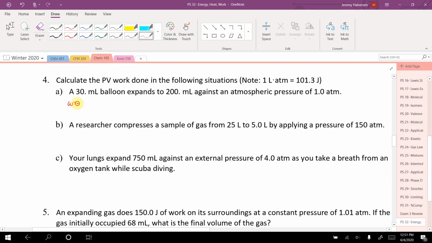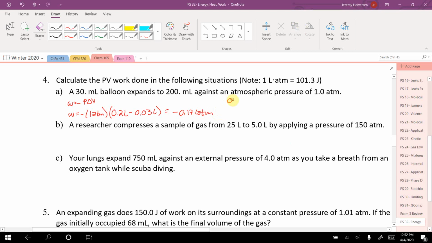All right, so work equals negative P delta V. My pressure is 1 atmosphere. My volume change is final minus initial: my final volume is 0.2 liters, and my initial is 0.03 liters. Well, that equals negative 0.17 liter atmospheres.